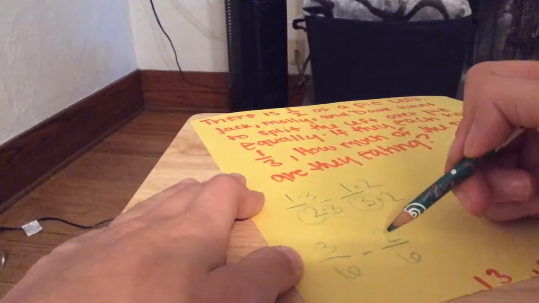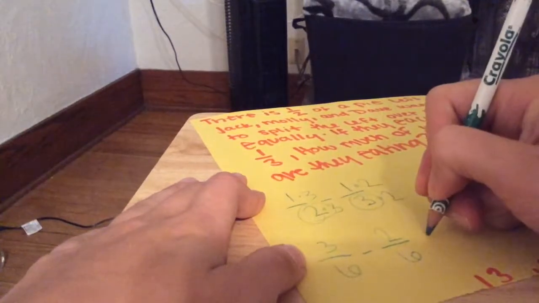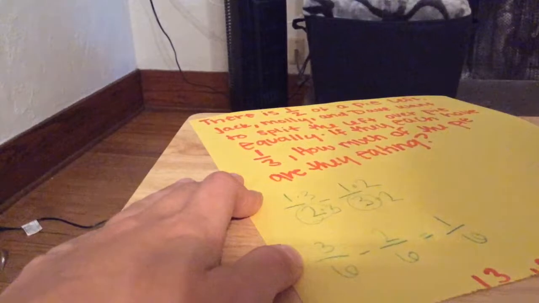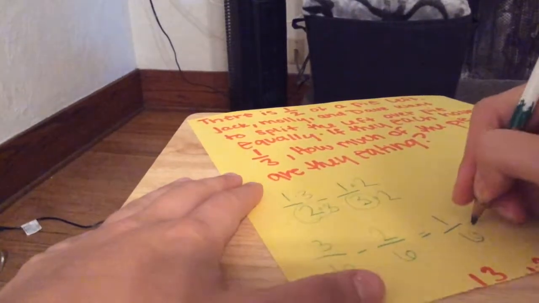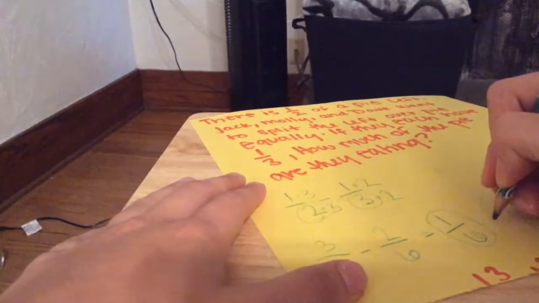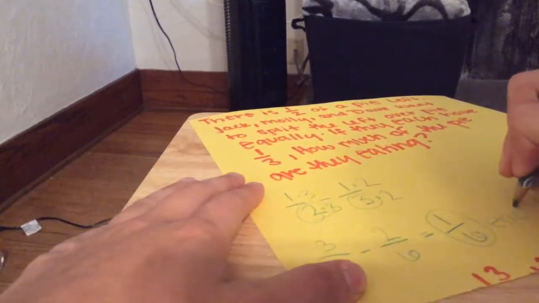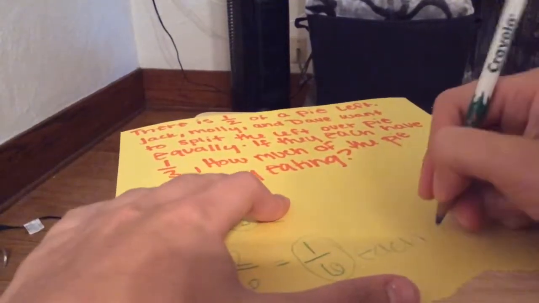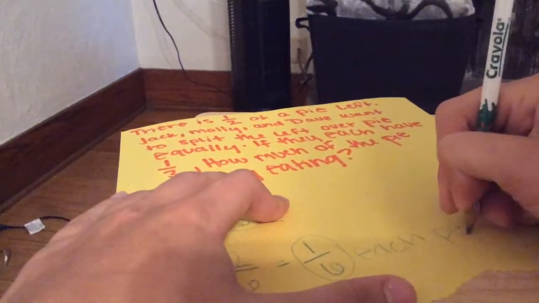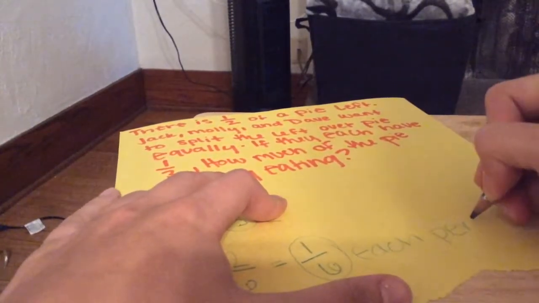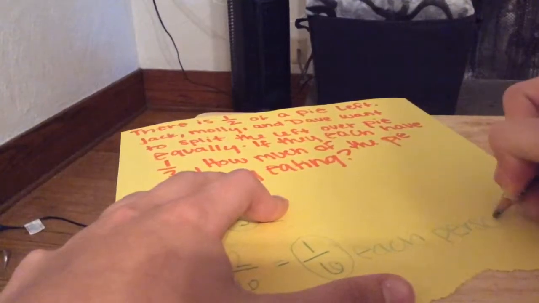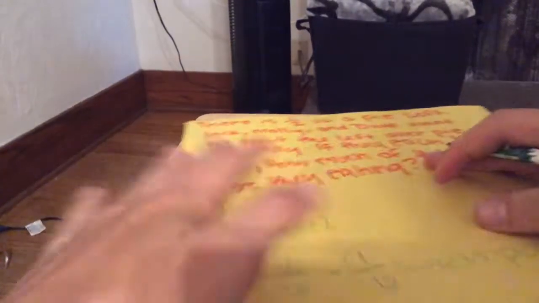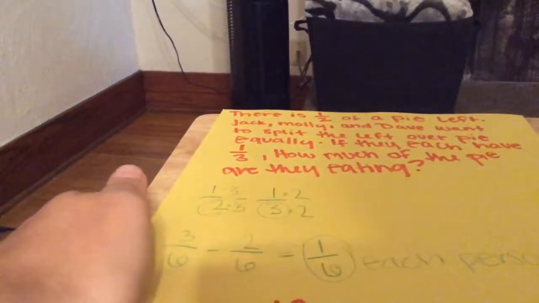So 3 minus 2 equals 1/6. So 1/6 is how much each person is getting of the pie left over. And that is how we subtract fractions.